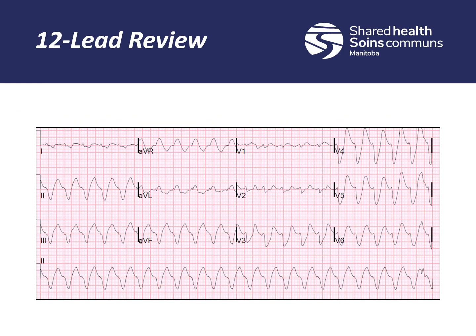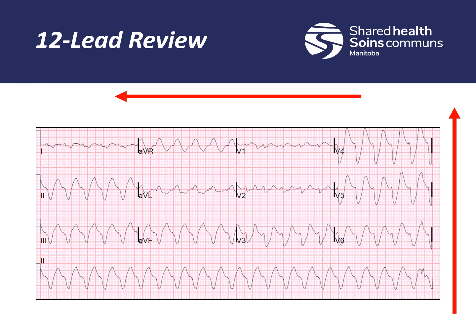So when we look at this 12 lead in particular, you notice that it is not normal at all. Still using that same review method, looking for the T waves. Yes, in V1 and V2, you can see that the T waves are higher than the R wave, even though it's difficult to kind of tell elsewhere.